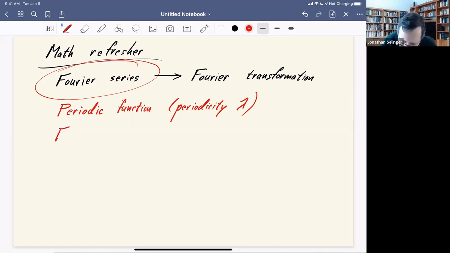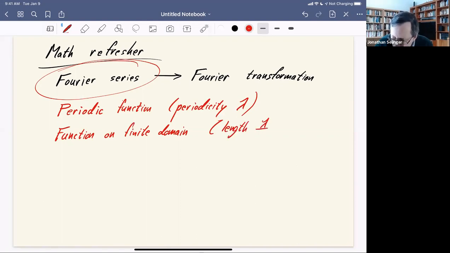Or it also works for any old function on a finite domain with a length of lambda over 2. So in either case, if we have a periodic function or a function on a finite domain, we can write that function as a Fourier series with sines and cosines.